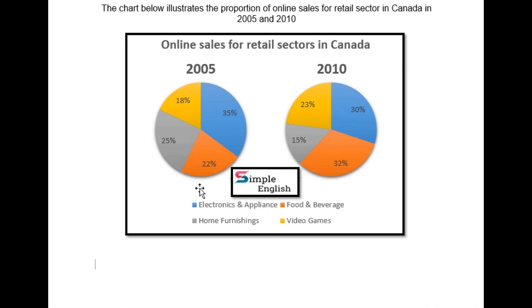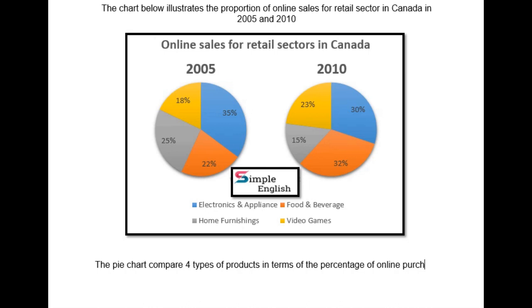I'll be writing the essay right now, so let's get started. The introduction is quite simple. The pie charts compare four types of products. Those all are the types of products in terms of the percentage of online purchases.